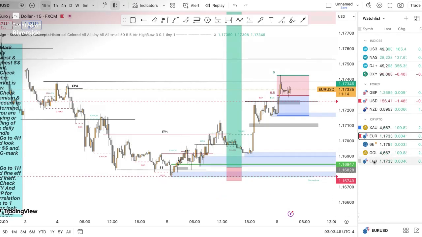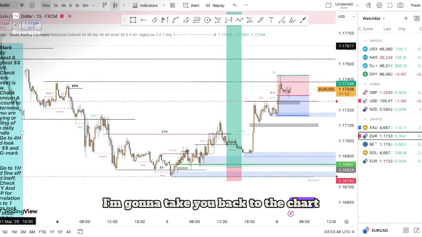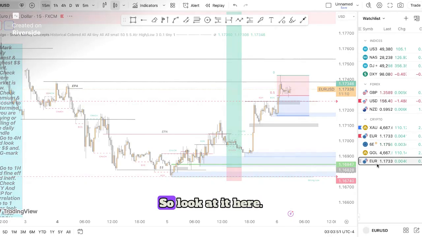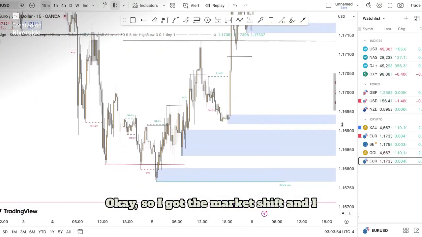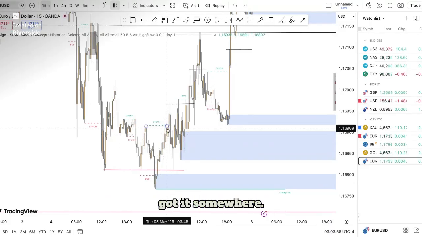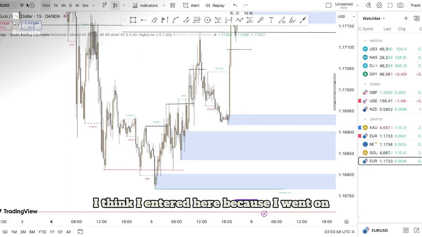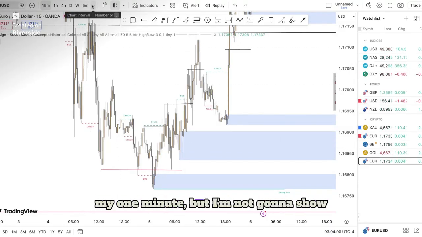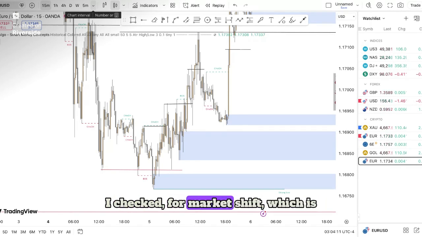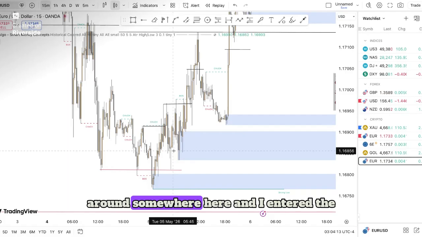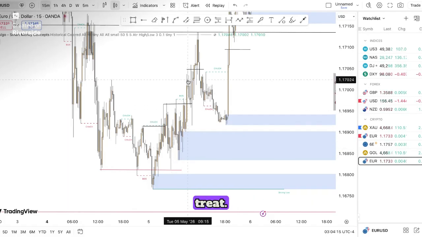So I'm going to take you back to the chart that is very clear. Look at it here. I got the market shift somewhere here. I think I entered here because I went to my 1 minute, but I'm not going to show you the 1 minute because it's going to be so messy, you may not be able to understand it. I checked, waited for market shift, which is around somewhere here, and I entered the trade.